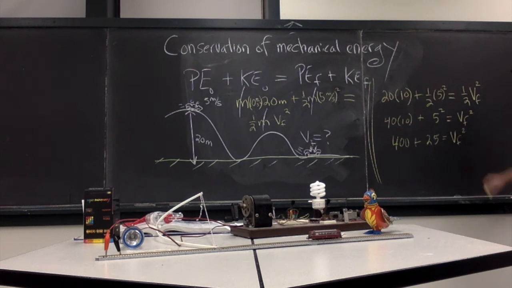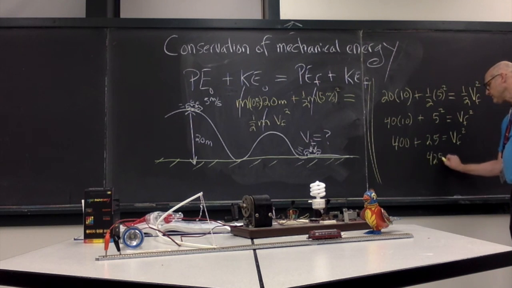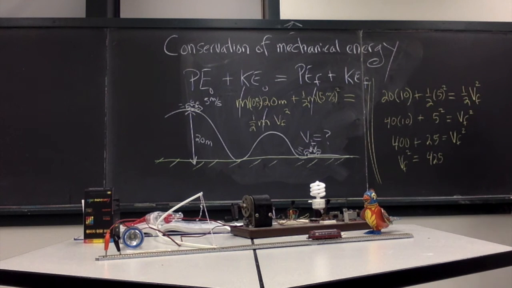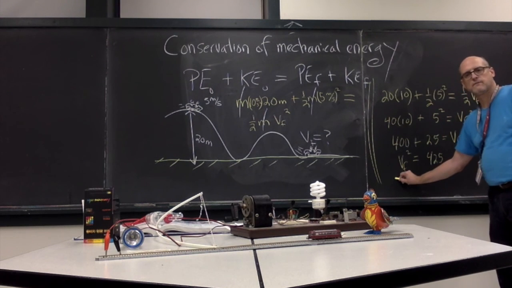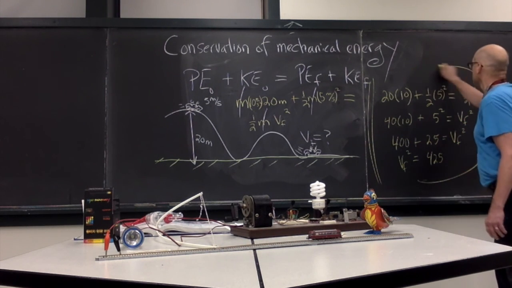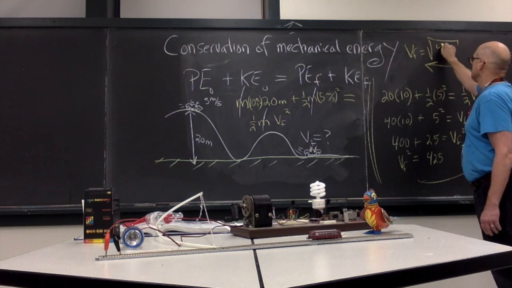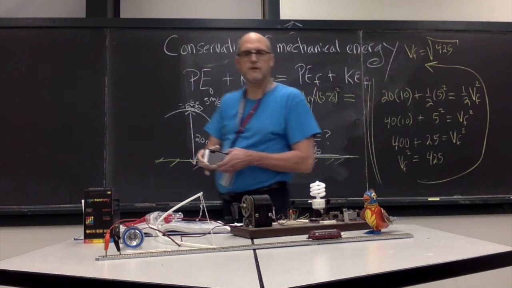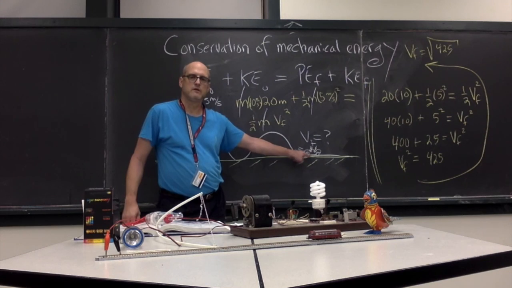That's equal to VF squared. 400 plus 25 is 425. So VF squared is equal to 425. Take the square root of both sides. So we get that VF is equal to the square root of 425. So why don't you figure that out? And that would be the speed of the coaster here.